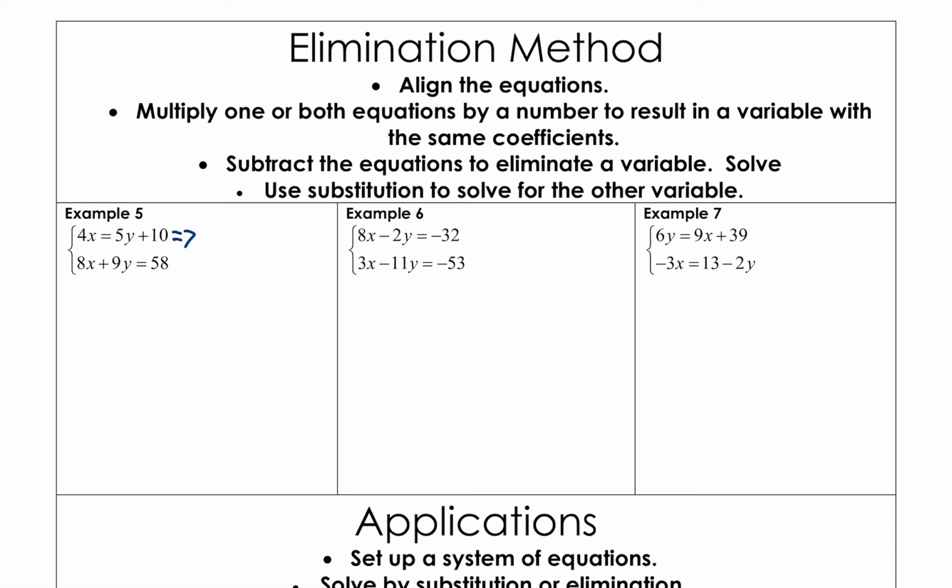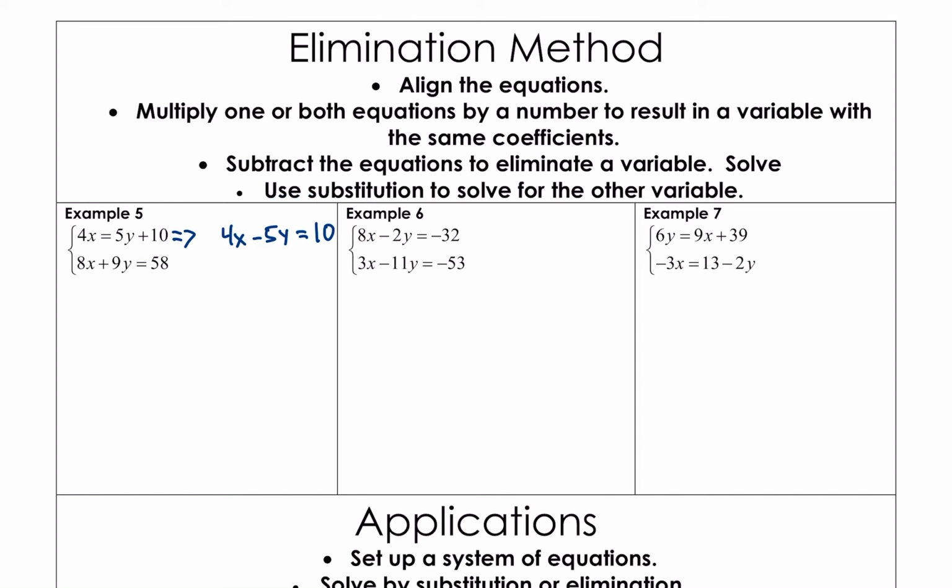So this would look like 4x, and on this bottom equation, x and y are on the same side of my equals. So I want this y to come over to this side. So I'm going to subtract this 5y. And that's equal to 10. So all I did there is I just subtracted 5y to both sides to rewrite this equation. Now they can be stacked up on top of each other.